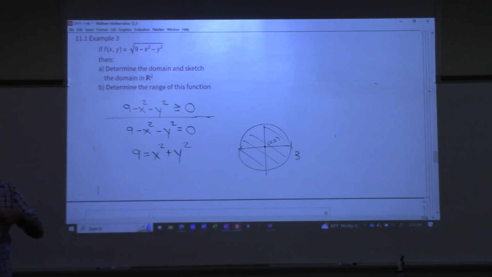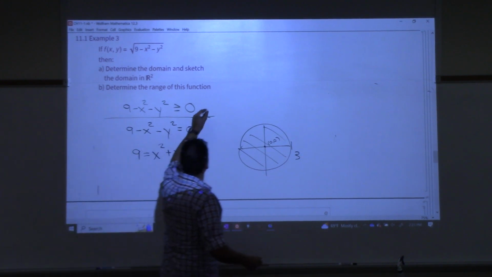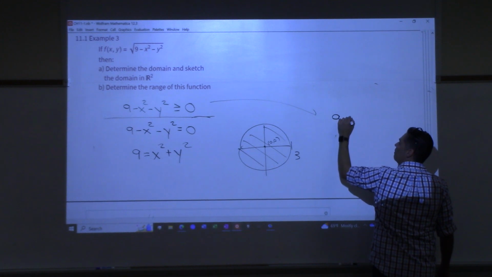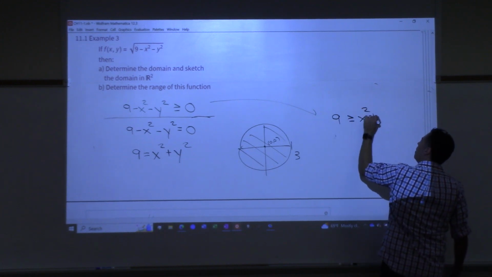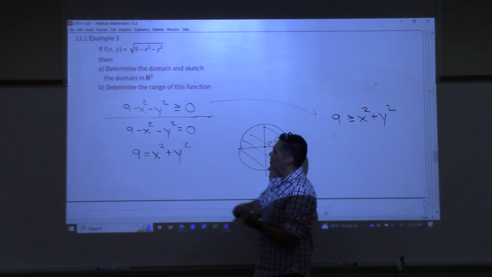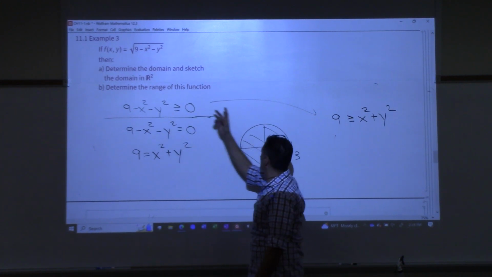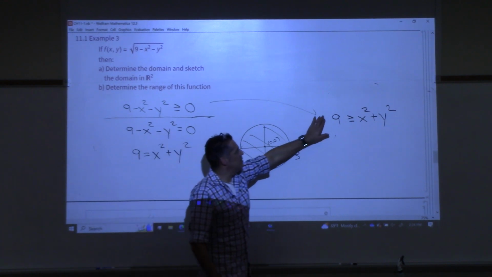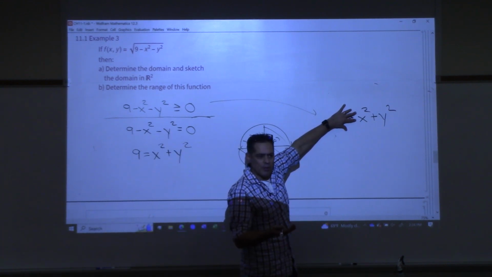Are you all catching on to the idea of how I'm solving these inequalities? Drawing the graph as if it were an equation, and then I'm testing the point to see whether or not I'm on one side or the other side of the curve. There is another way I kind of like to look at this problem, if I do not actually turn it into an equation and just move these two over like that, I kind of think to myself, well, x squared plus y squared, that's a circle centered at the origin.